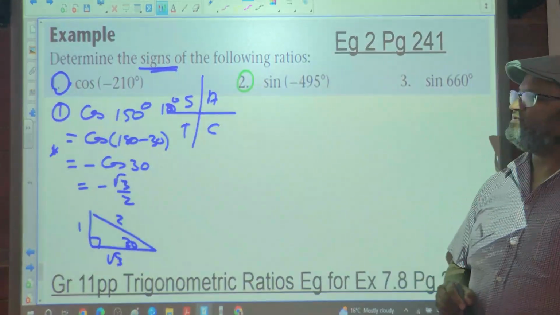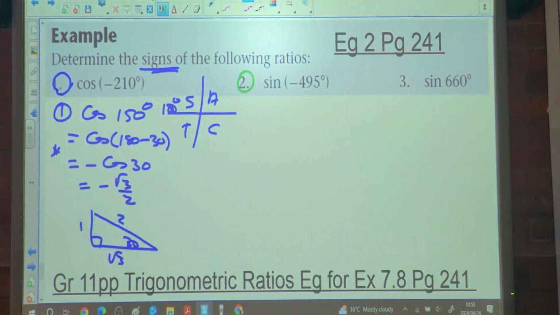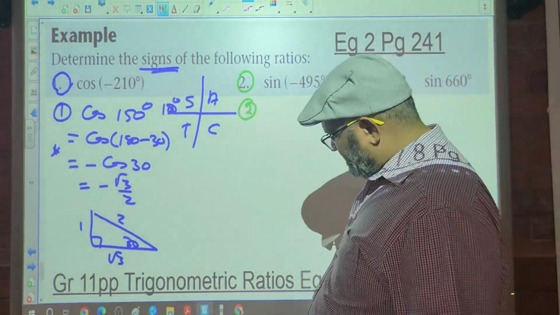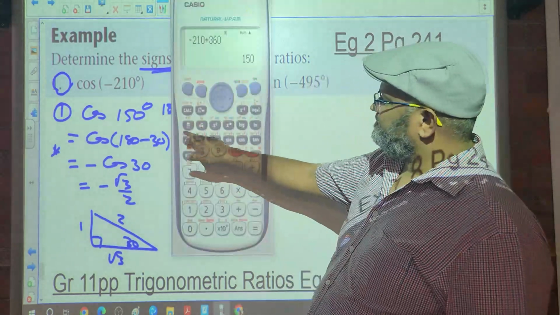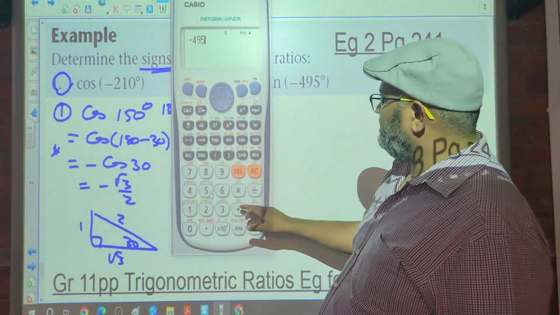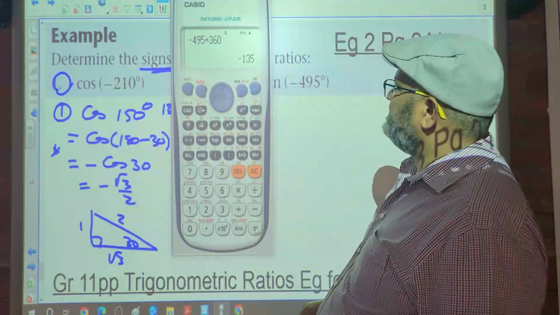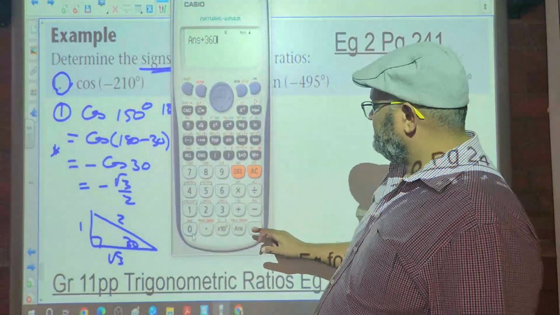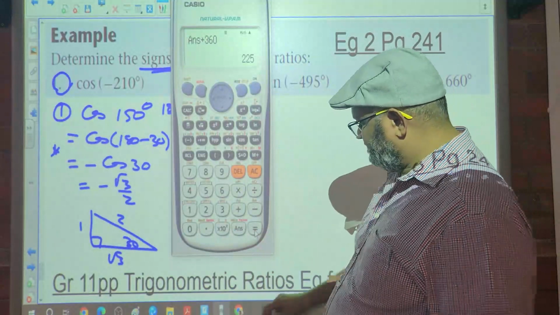Let's look at number 2. Sine of negative 495. So what do we do with that? We add 360, so it's negative 135. We add 360 again and get 225.